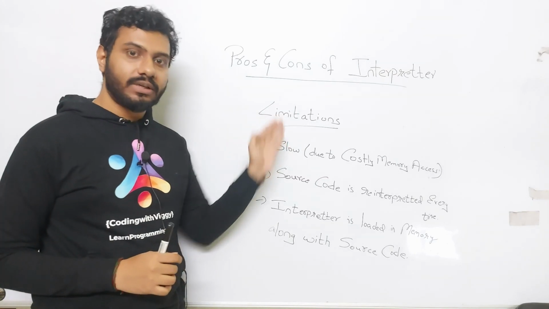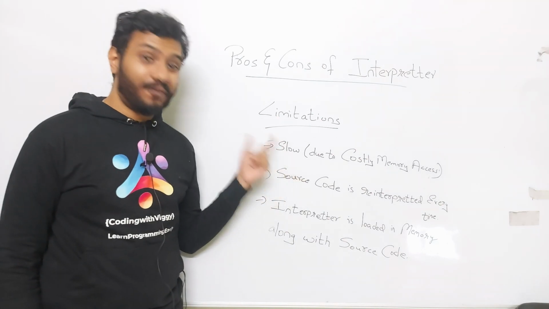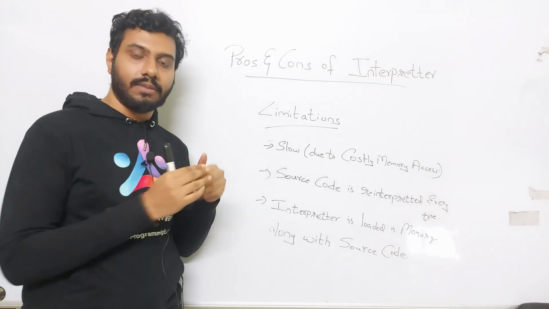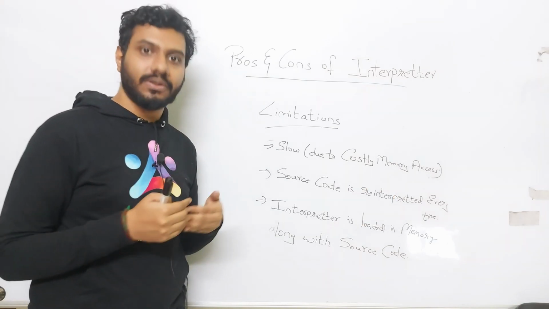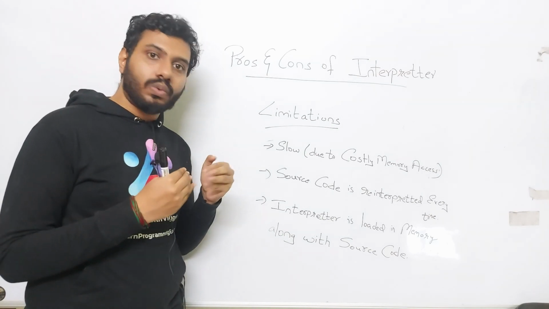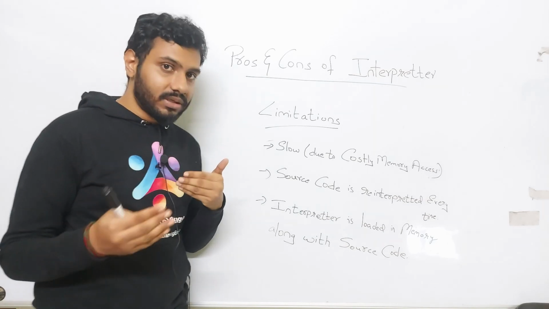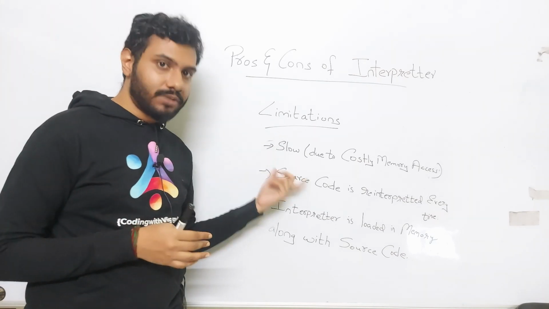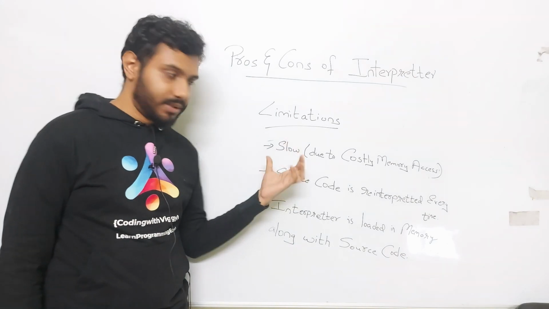Now the limitations or disadvantages of the interpreter. First, it is slow. Why is it slow? Due to costly memory access. The memory has to include all the program statements. But a compiler language runs through the registers, and when registers are used, it is 100x faster than an interpreter.